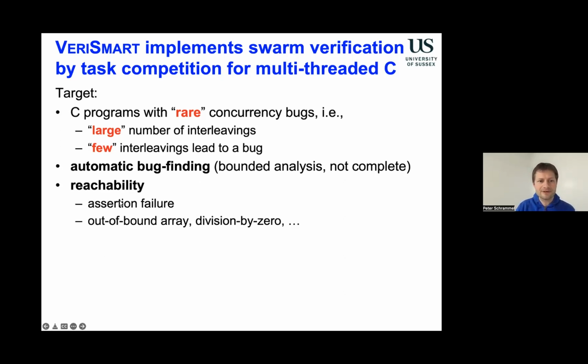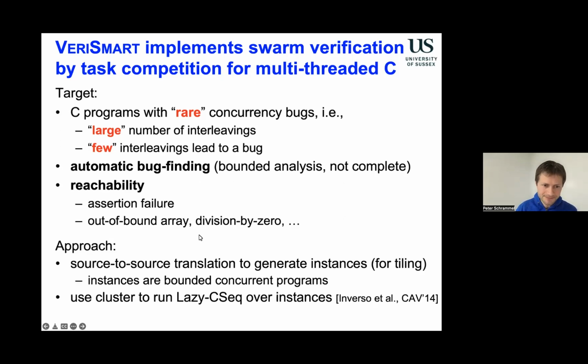The properties that we use are reachability properties like assertion failures, out of bound problems, etc. We're using the CSEC approach of a source-to-source translation for implementing these tilings, and then run it on a cluster.